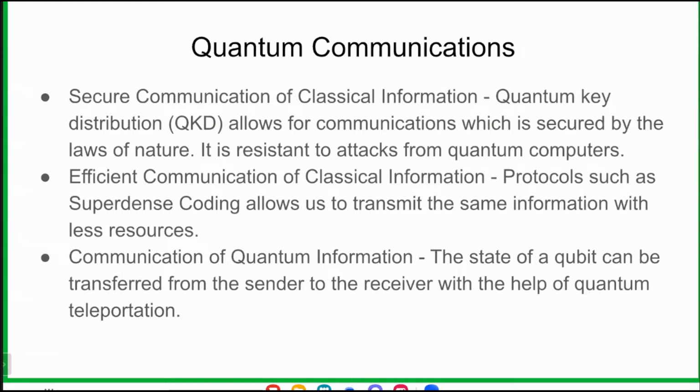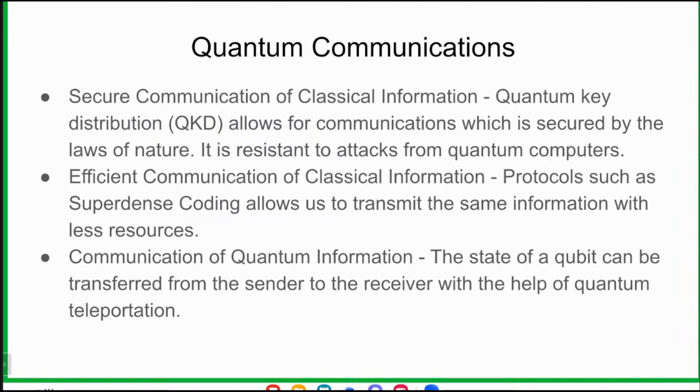If the other party is able to receive the information properly, he can determine if somebody has tried to extract some information in between, or tried to do something with the information in the channel. So QKD allows for that.